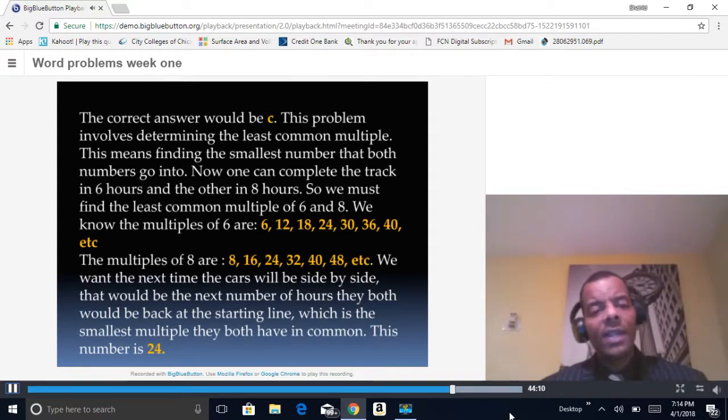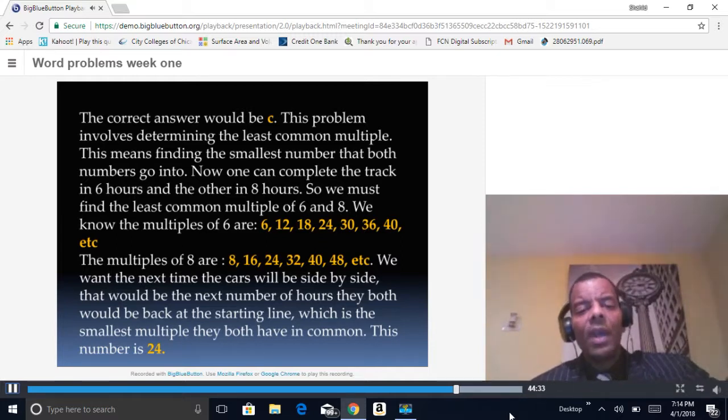So what I did is laid out for you that in the 6th row, you have 6, 12, 18, 24. So these are the hours when the first racer would keep coming back to the starting point, all right? After 6, after 12, after 18, after 24, after 30, after 36, after 40, and so on. The next racer would come back to the starting point at 8 hours, 16 hours, 24 hours, 32 hours, and so on.